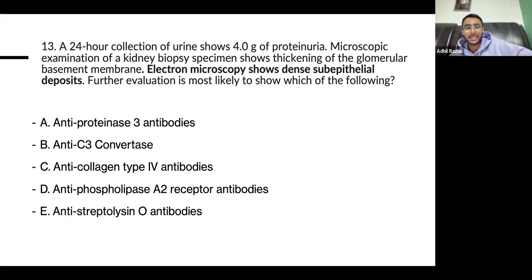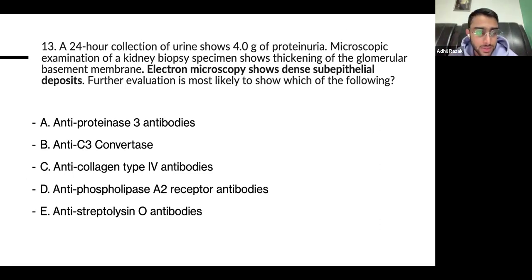It is once again D. It's anti-phospholipase A2 receptor antibodies, very characteristic for membranous nephropathy. So when you see what's being described as membranous nephropathy, it is anti-phospholipase A2 receptor antibodies.